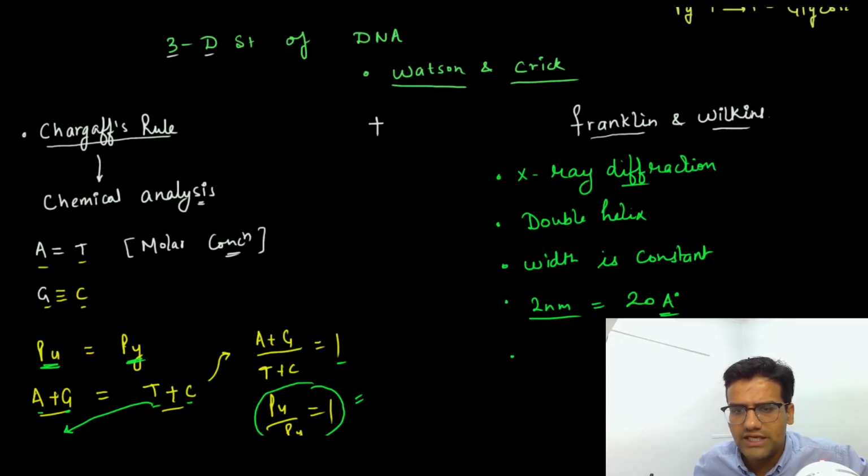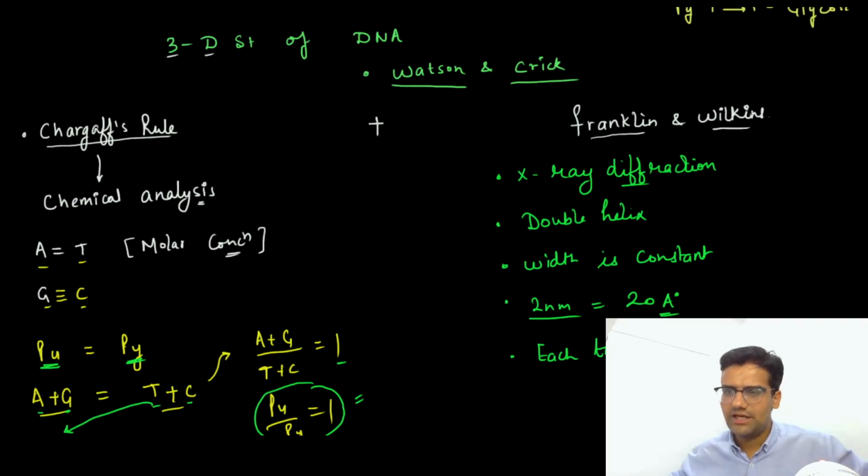They also realized that each turn of the DNA is 34 angstrom long and approximately contains 10 bases.